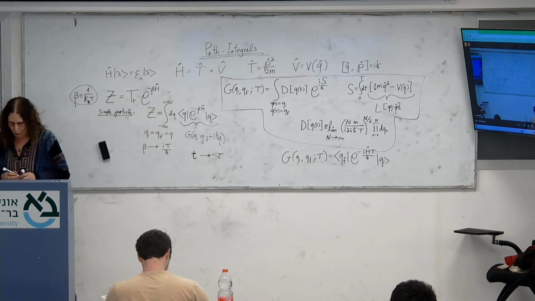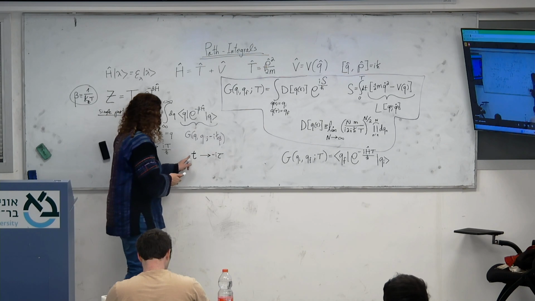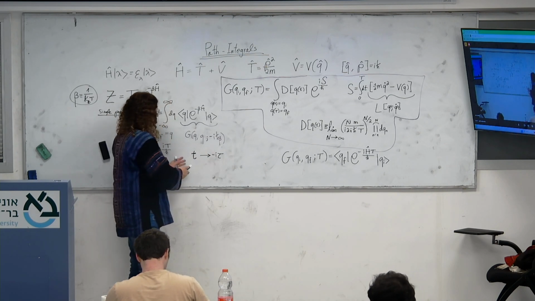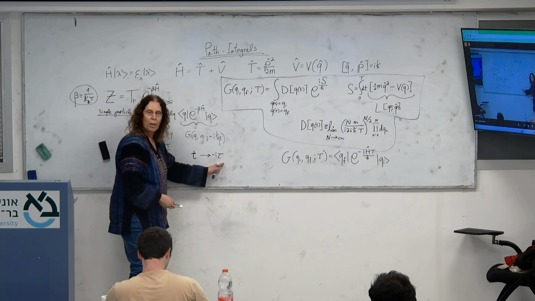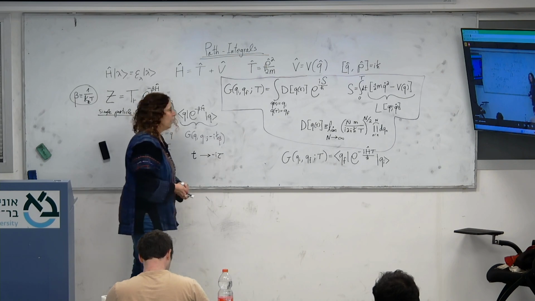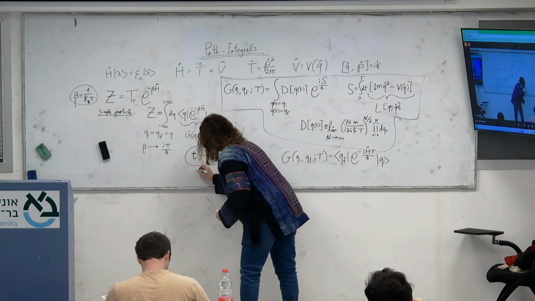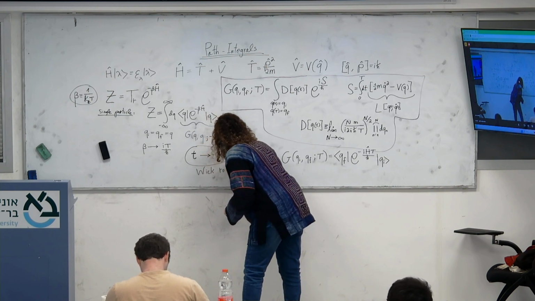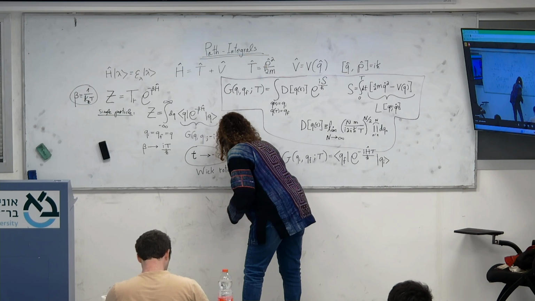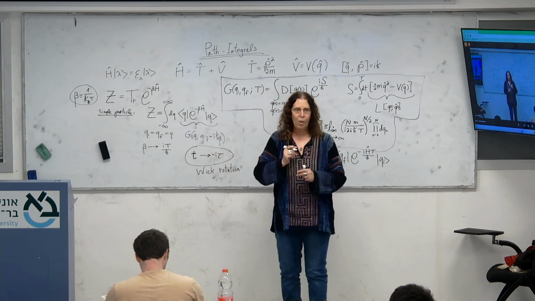Okay, so tau and t have the same units, but what I've done here is rotate the time from the real axis to an imaginary axis. This procedure is called Wick rotation. It's a rotation in the complex plane.